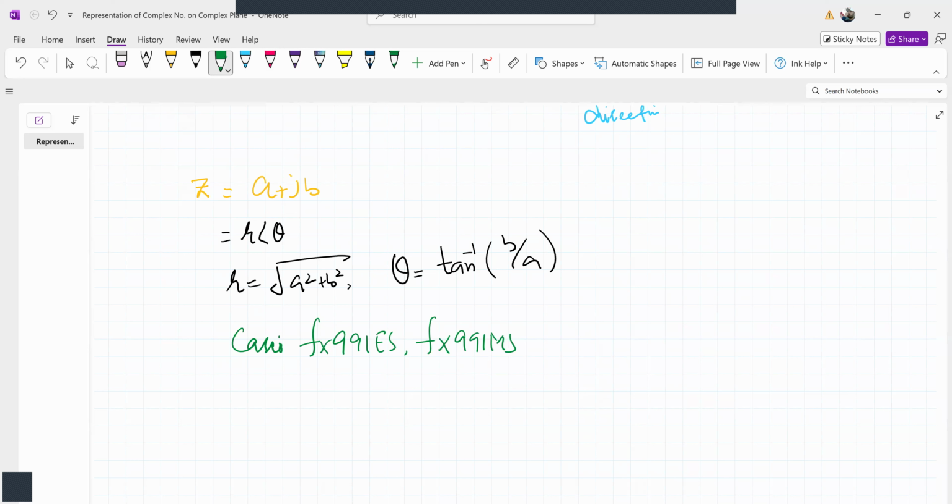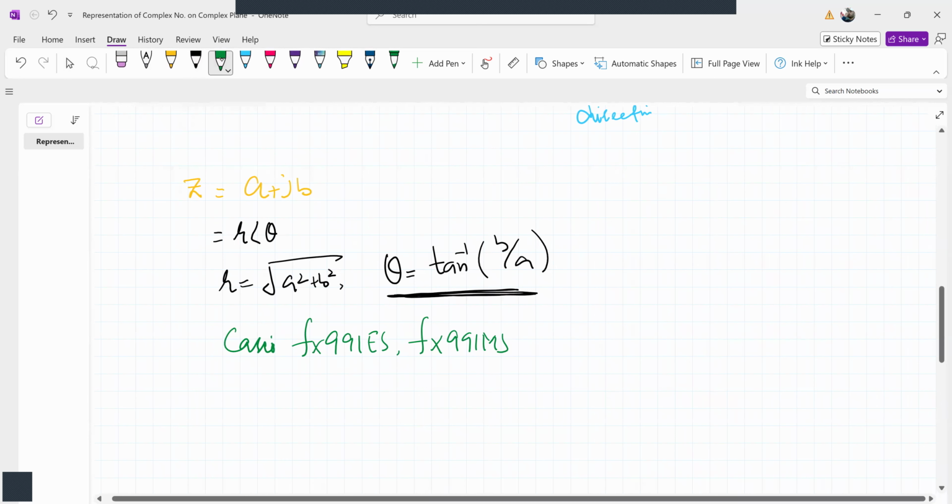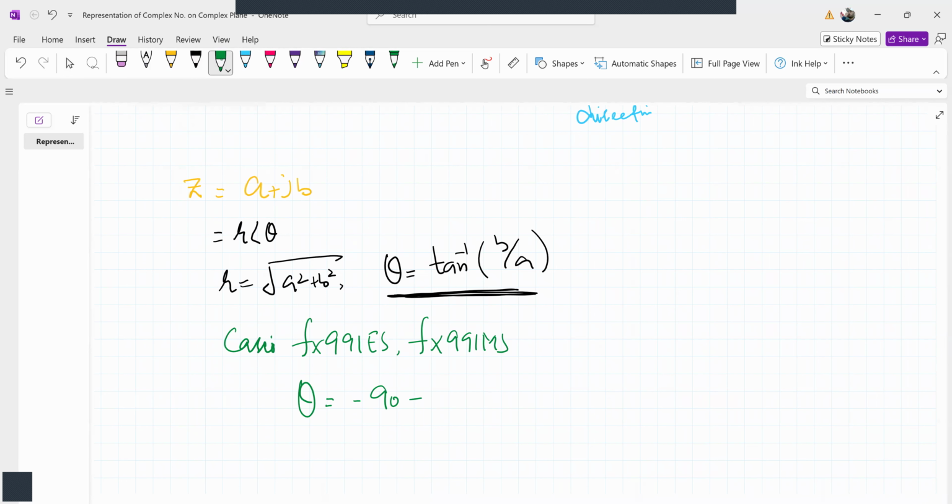When we use these calculators and substitute the values of a and b, the calculator application on a mobile phone will always return this theta in the range from minus 90 to plus 90 degrees.